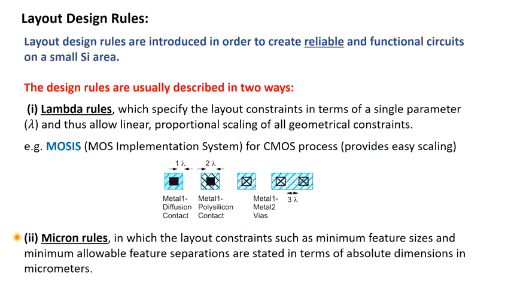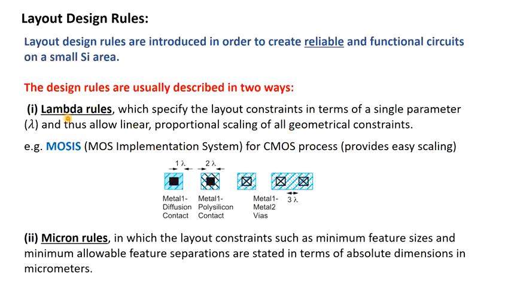The second is known as the micron rule. In the lambda rule, all the layout constraints are defined in terms of a single parameter lambda, which allows a linear proportional scaling of all geometrical constraints. One example of this lambda based rule is MOSIS, which has been used for designing the CMOS process flow.